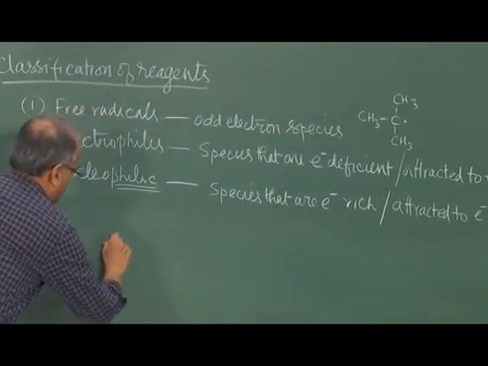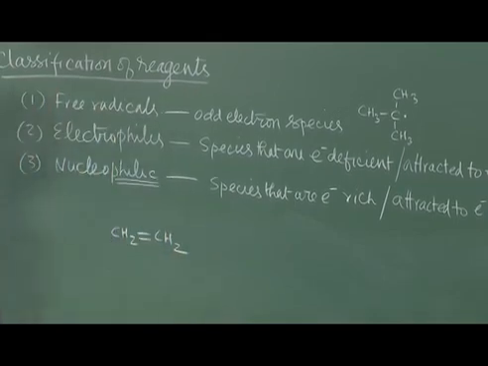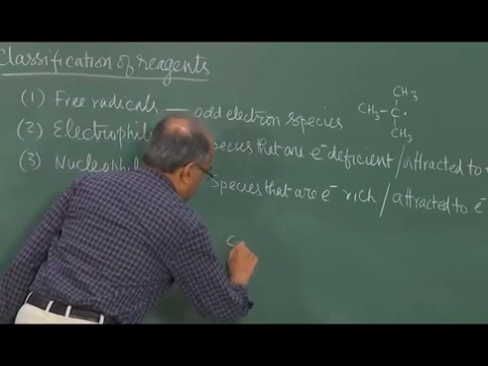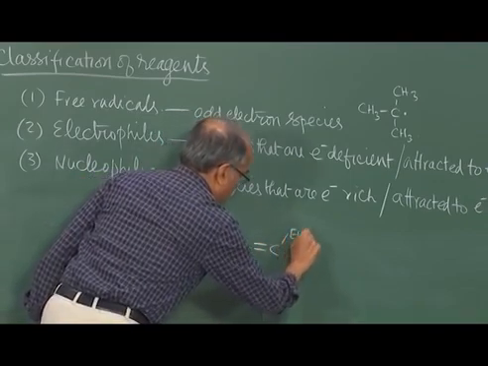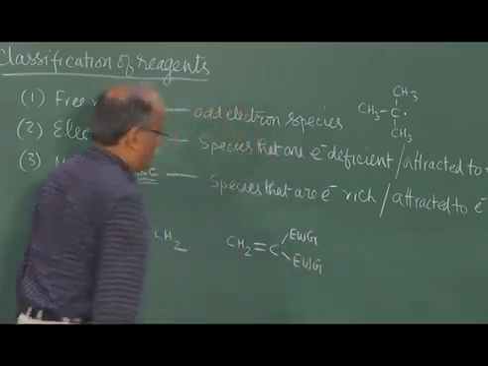Now, let us consider two types of double bond. Let us consider the ethylene double bond. Normally, this is electron rich because the pi electron is present in the system. However, suppose I attach one or two electron withdrawing groups to the double bond.